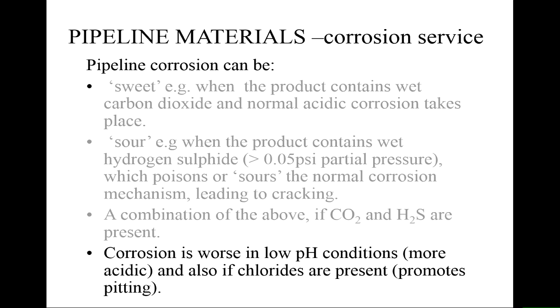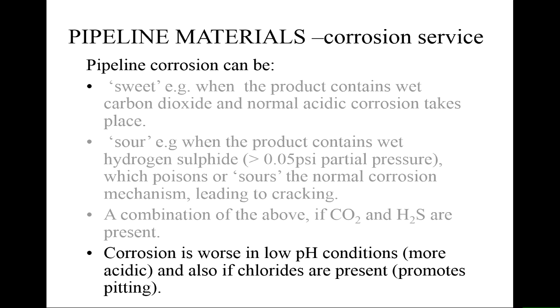More acidic, more low pH, chloride containing environments, then you get pitting as well as general corrosion, and that makes things worse. So seawater, if you've got that entrained in gas that's coming off the seabed, that's going to be worse than pure water that comes from a more benign source.